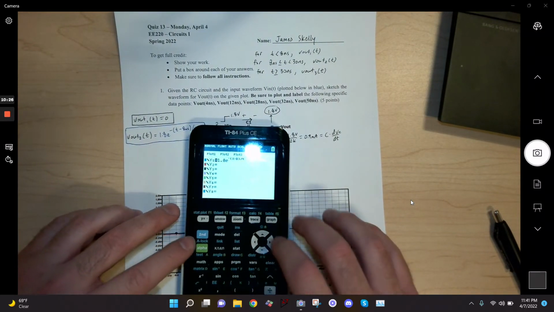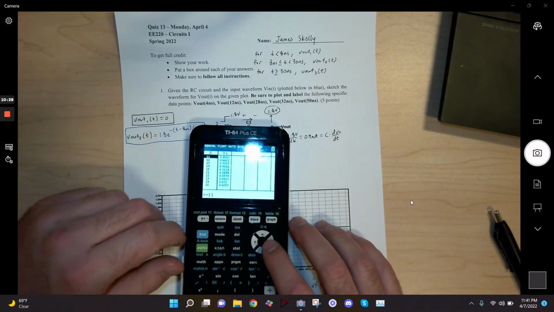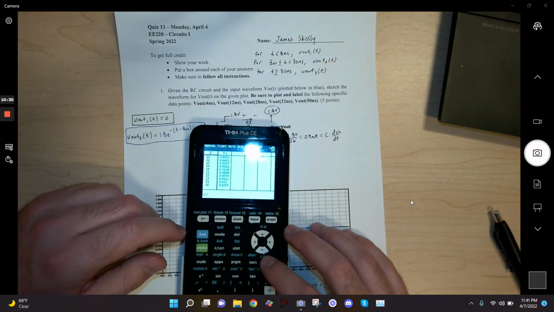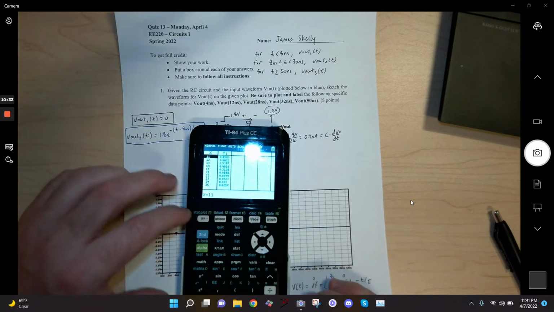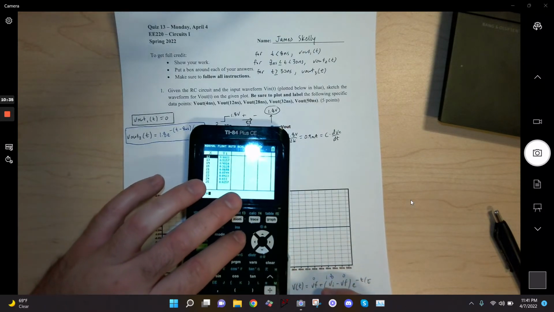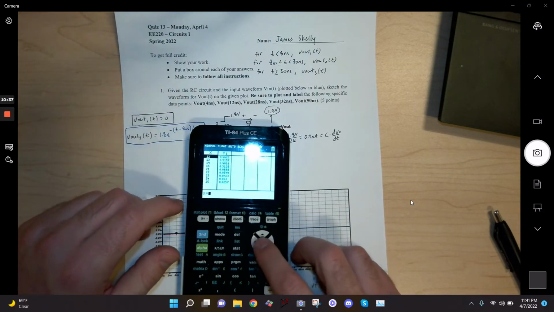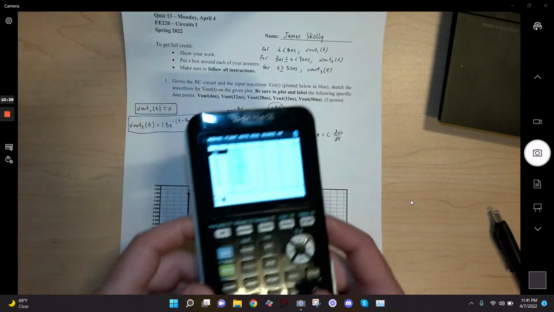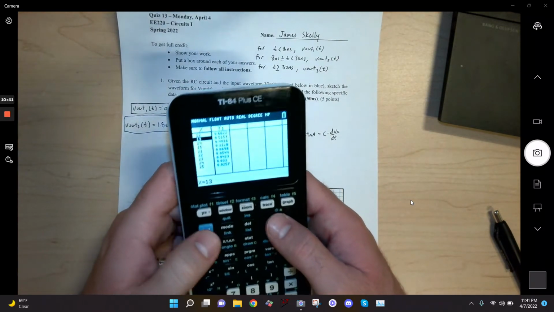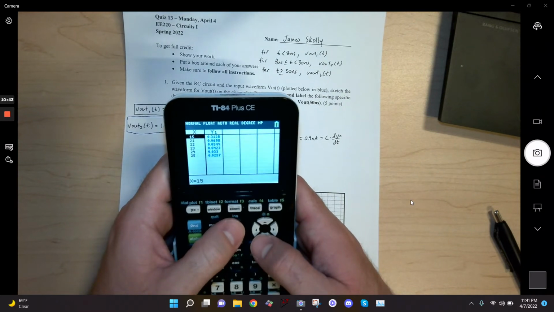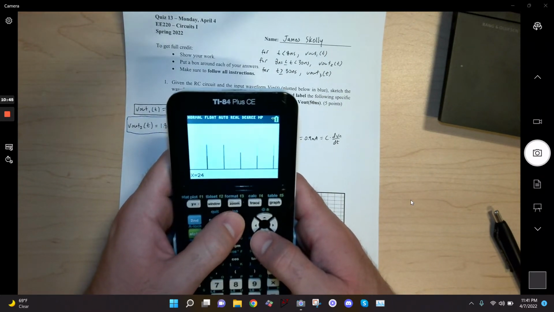Okay, that's my equation. And now let me delete all these old values.